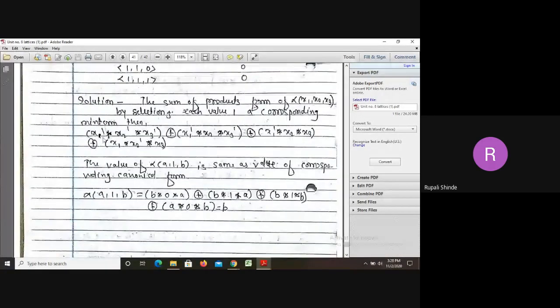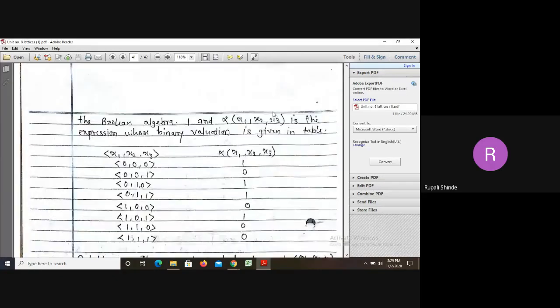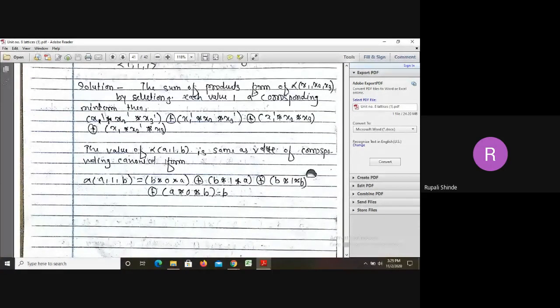So look here. The first minterm is x1 complement star x2 complement star x3 complement. Now we know that the value of x1 is A, the value of x2 is 1 and the value of x3 is B, because they have already given these assignments in the example. Now we have to take the complement of A. x1 complement means, the value of x1 is A, so we take A's complement, and A's complement is B. So we have written B here. Again, the second one is x2 complement.